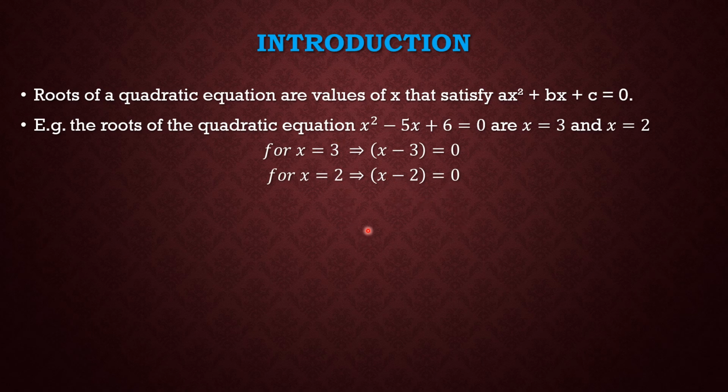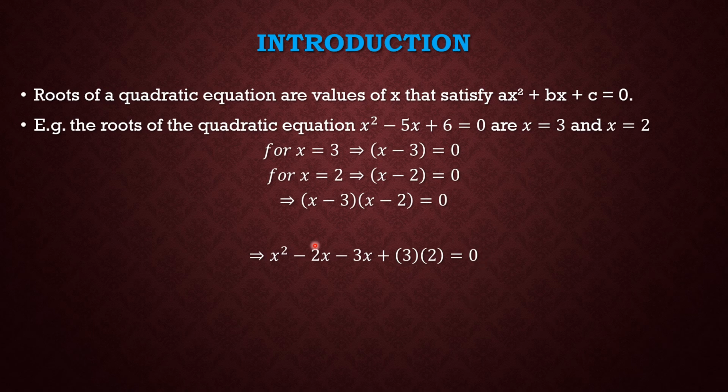Since 3 and 2 are the roots, then these two expressions are factors of this quadratic expression and can also be written as x minus 3, x minus 2 equal to 0. So if we want to expand this expression, it's going to be x squared minus 2x minus 3x plus 3 times 2 equal to 0. That is how the expression will be.